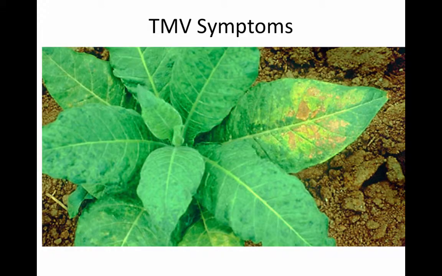So let's go back to our friend tobacco mosaic virus and take a look at the symptoms. This is a tobacco plant, and here you can see this yellowing is called chlorosis, and then this dead patch is called necrosis.